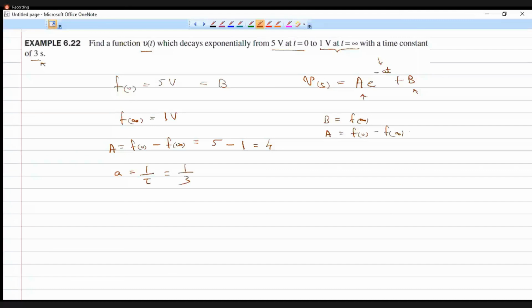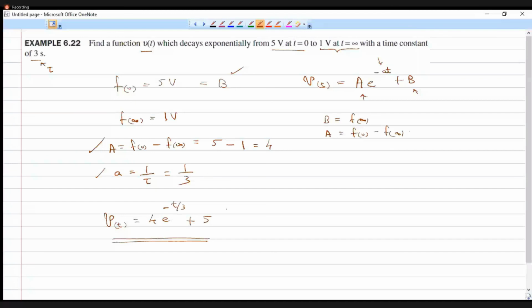Once you find what a, b, and small a are, then you can write the mathematical expression for this voltage as a e power minus small a t plus b. So a is 4, e power minus t by 3, plus b, where b is 1 volt. This way you can write the voltage.